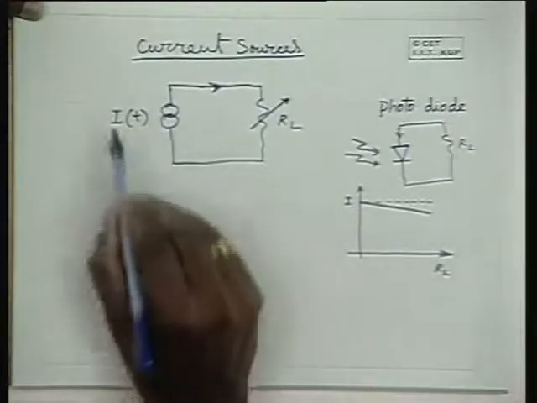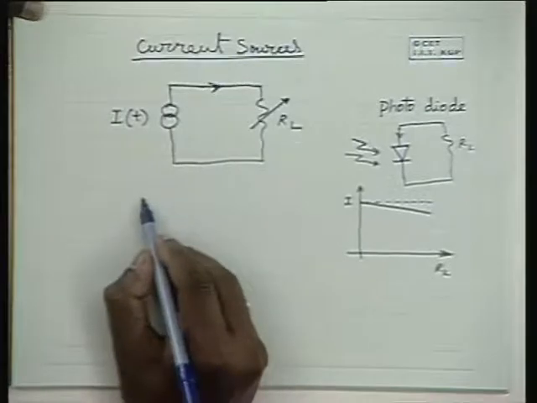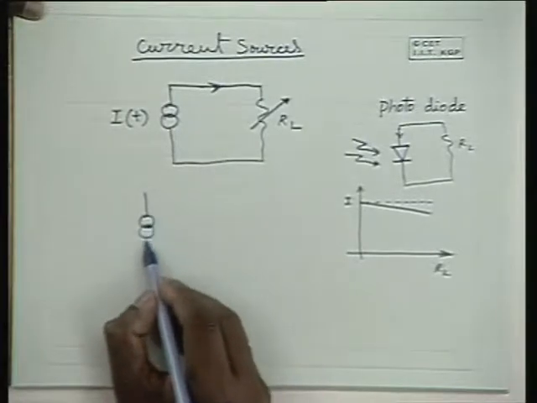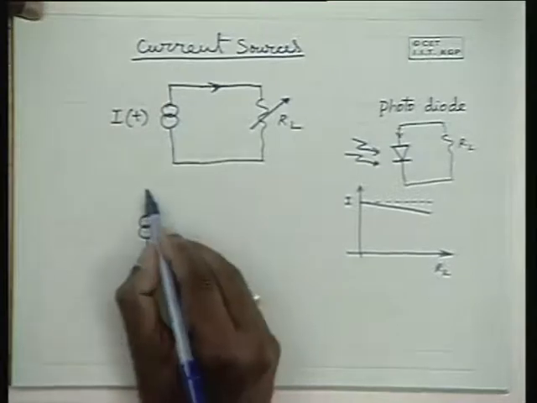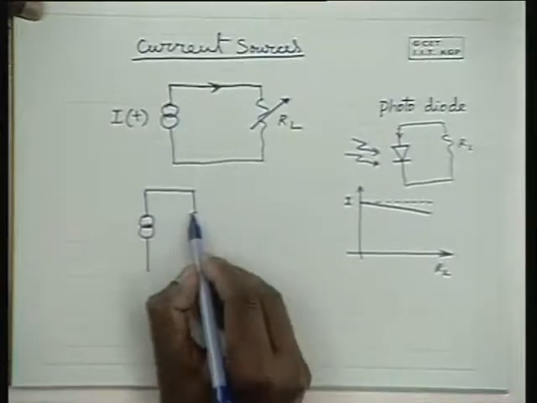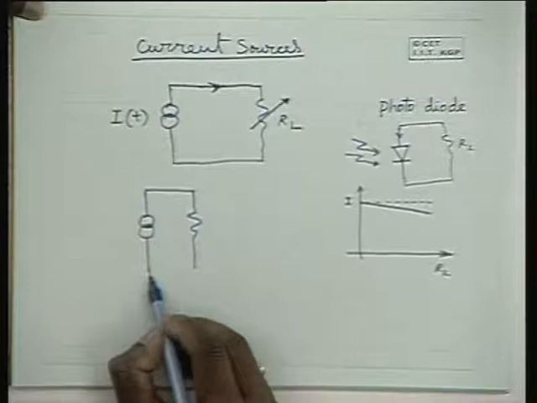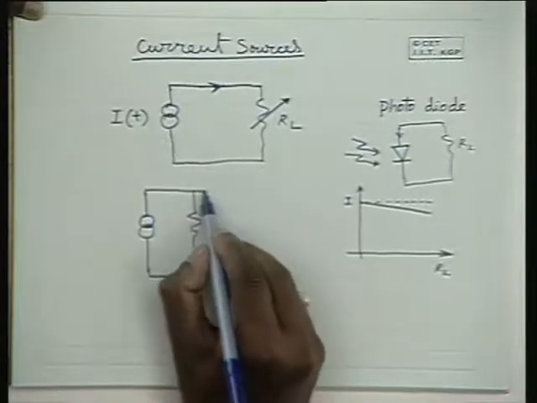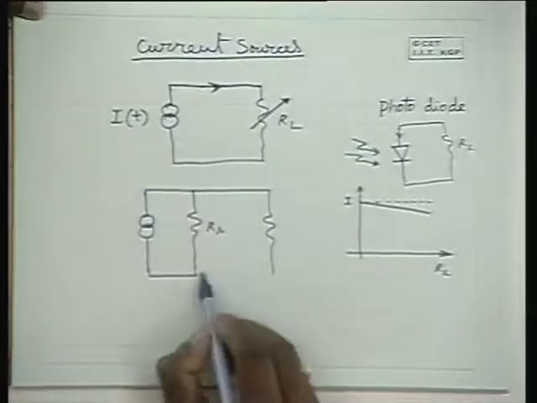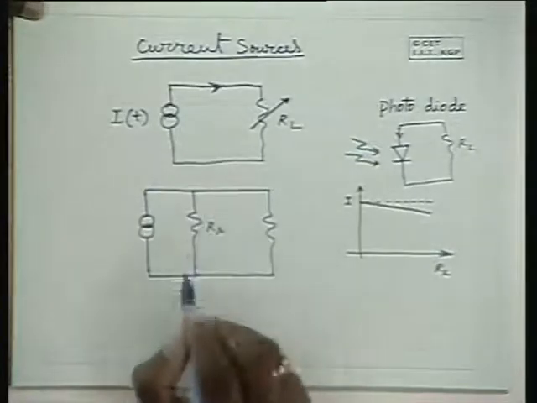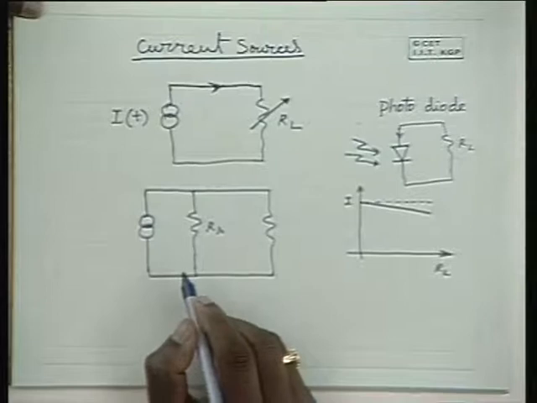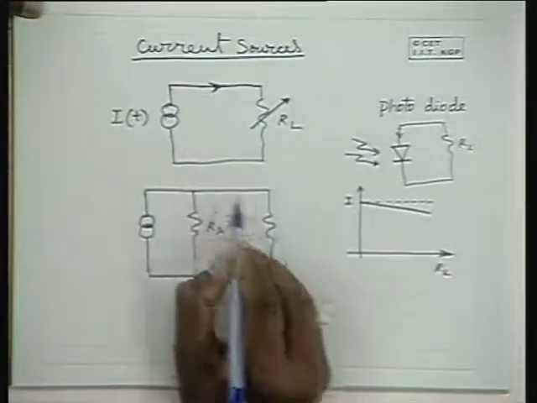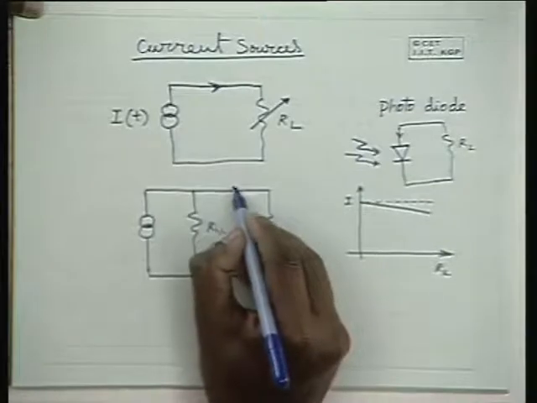Hence, such practical current sources can be represented by an ideal current source in parallel with a large source resistance. So please note the current characteristics here.